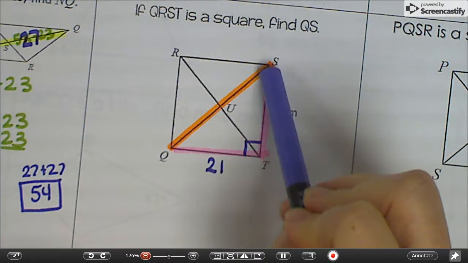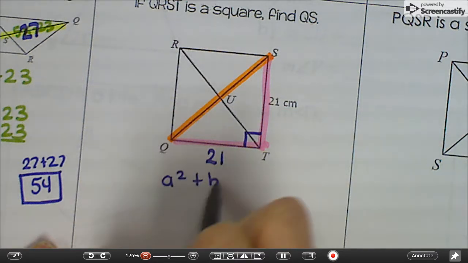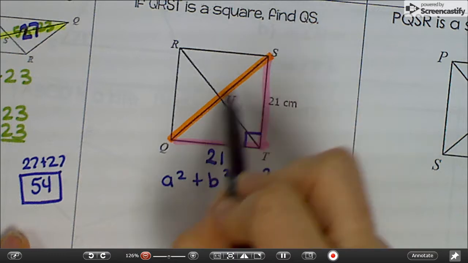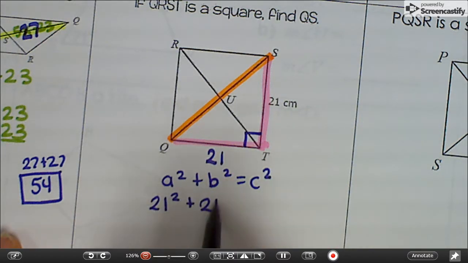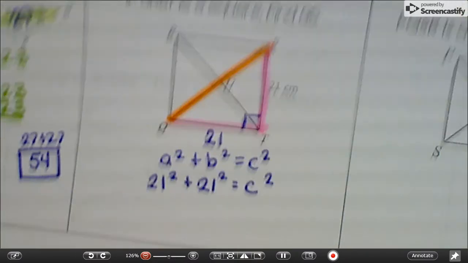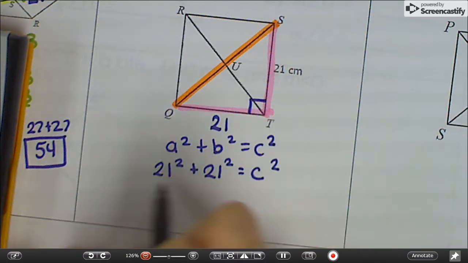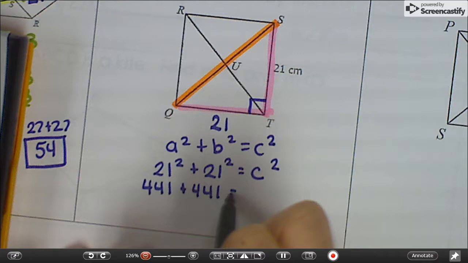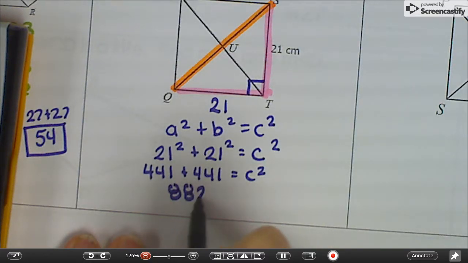We're looking for the third side, which means we can use our good old buddy Pythagoras. We are looking for the hypotenuse, the longest side. So 21 squared plus 21 squared equals the longest side squared. 441 plus 441 equals c squared, 882.